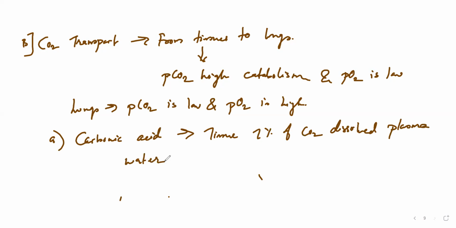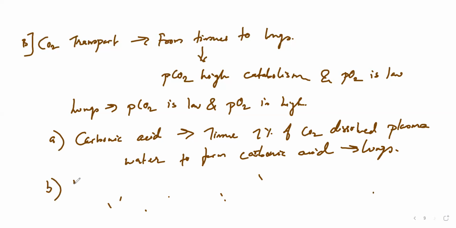When it is dissolved, it forms something called carbonic acid. And this form may be carried to the lungs. This is the first way that the carbon dioxide may go out. Second is in the form of carbamino hemoglobin.